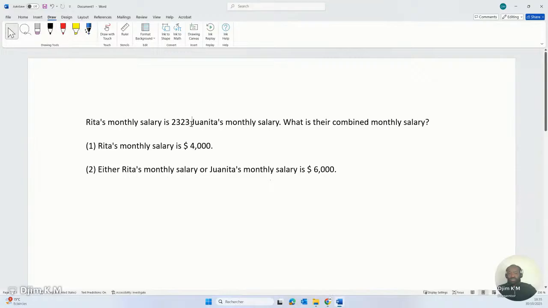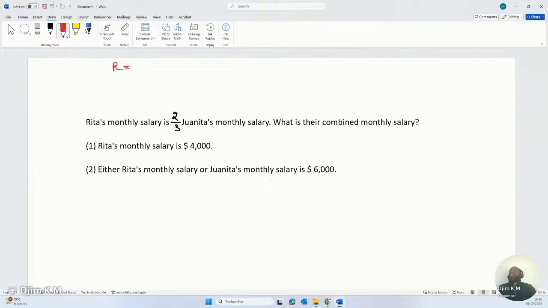Okay, this is a typo. So this here is actually 2/3, okay? So it says Rita's monthly salary is 2/3 of Juanita's monthly salary.